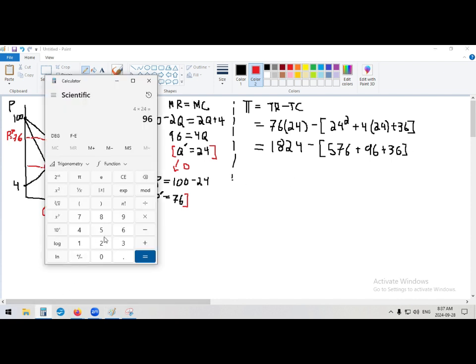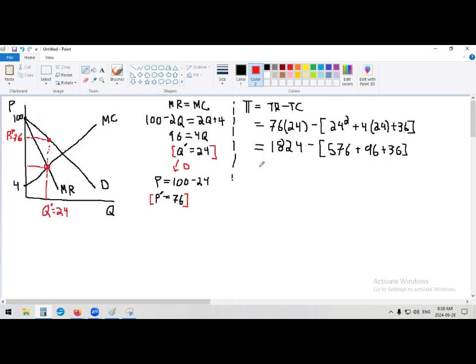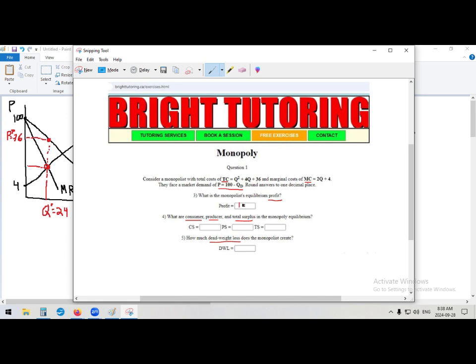So let's see here, what do we have? So we have 1824 minus 576 minus 96, and then minus 36. So that'll be 1116. So that's going to be how much profit the monopolist makes here. So it'll be 1,116 for their profit.